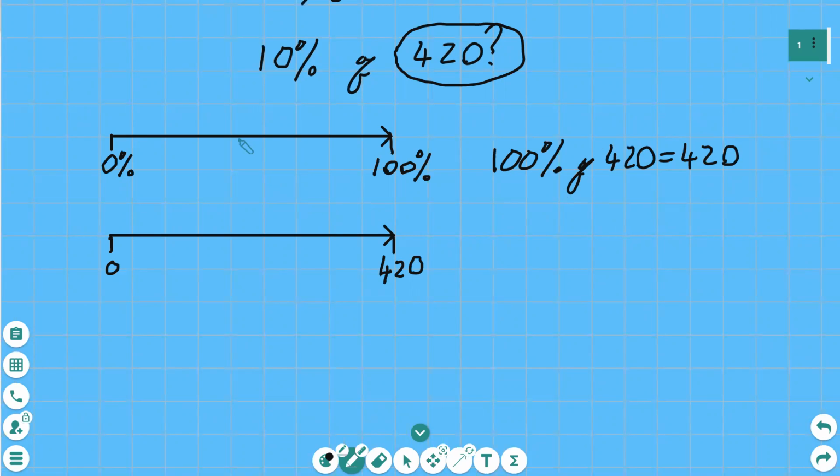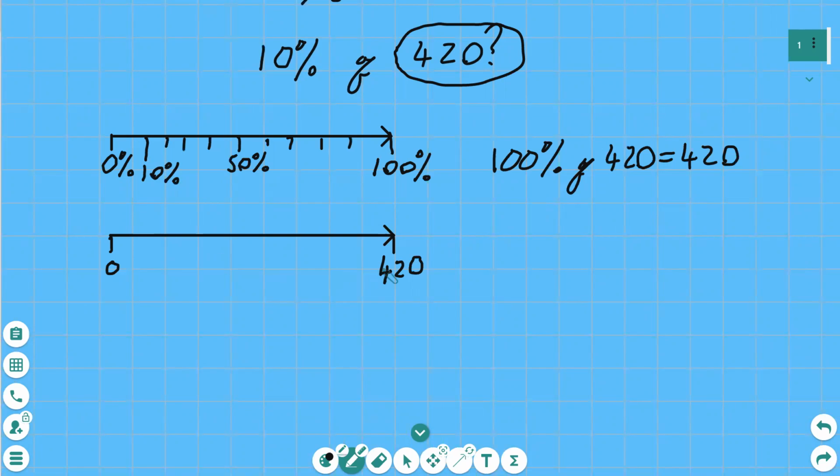So now we want 10% of 420. Now on this number line, 50% is probably somewhere about there, isn't it? Okay, fair enough. So 10%, 50, 60, 70, 80, 90, 100, 40, 30, 20. 10% is probably about there, isn't it, on that percentage number line?